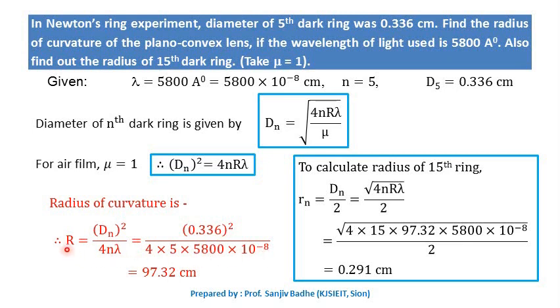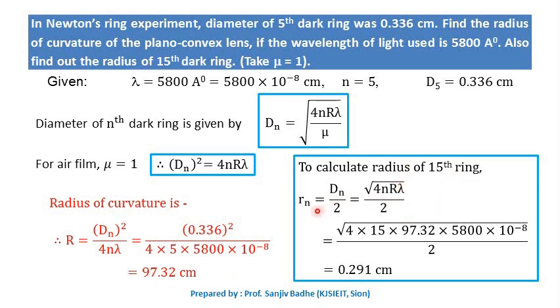So we can calculate the radius of curvature for the convex surface of the plano-convex lens to be equal to 97.32 centimeters.